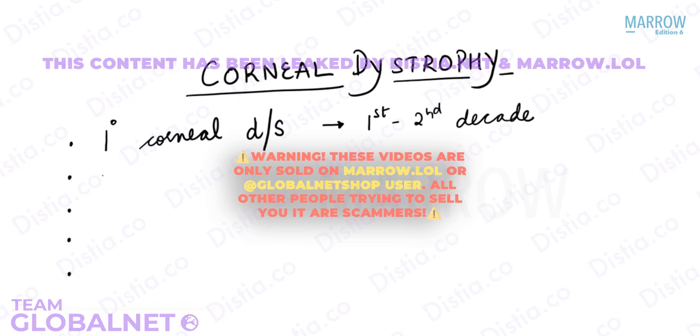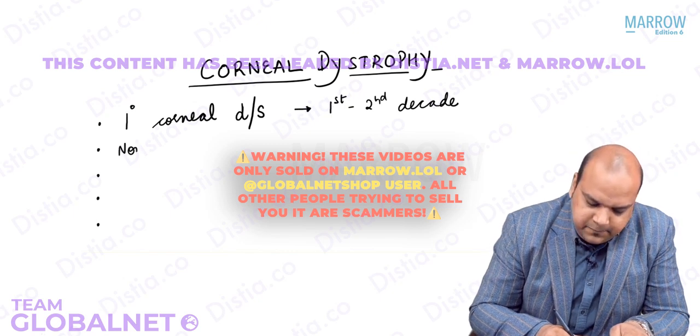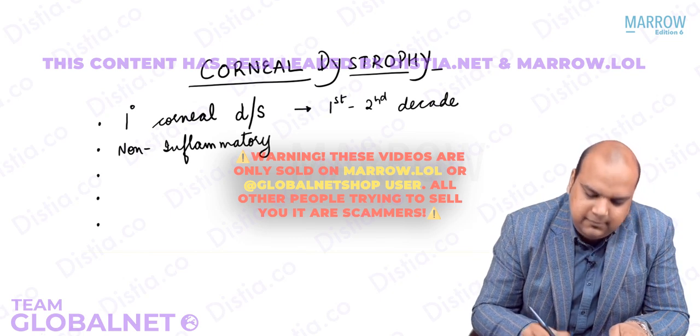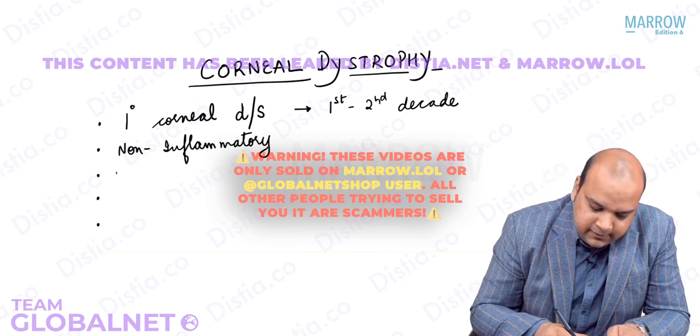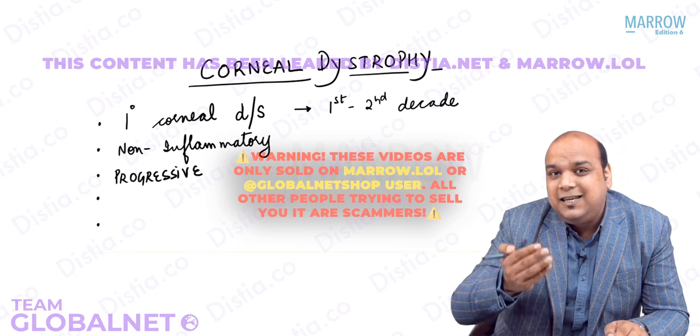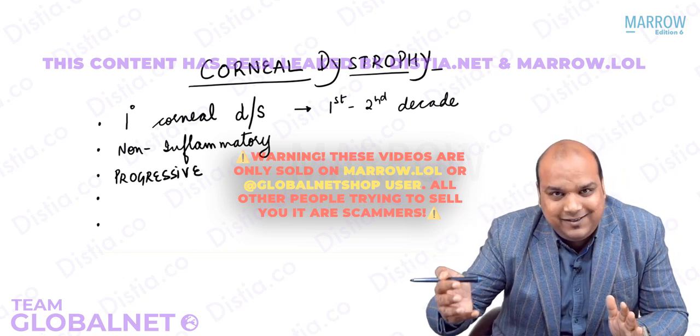Now, also what you want to know about corneal dystrophies is they are dystrophies, so I can say they are non-inflammatory. Then they are always progressive. The dystrophies will keep on affecting larger areas of cornea as we move ahead.